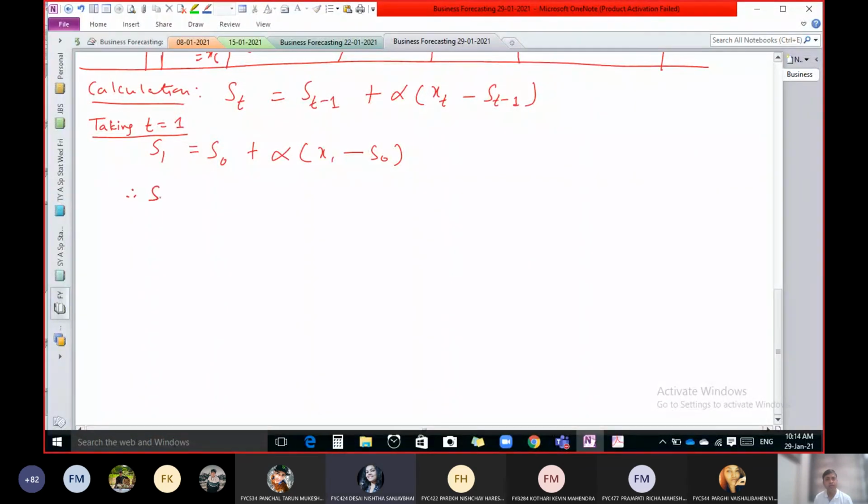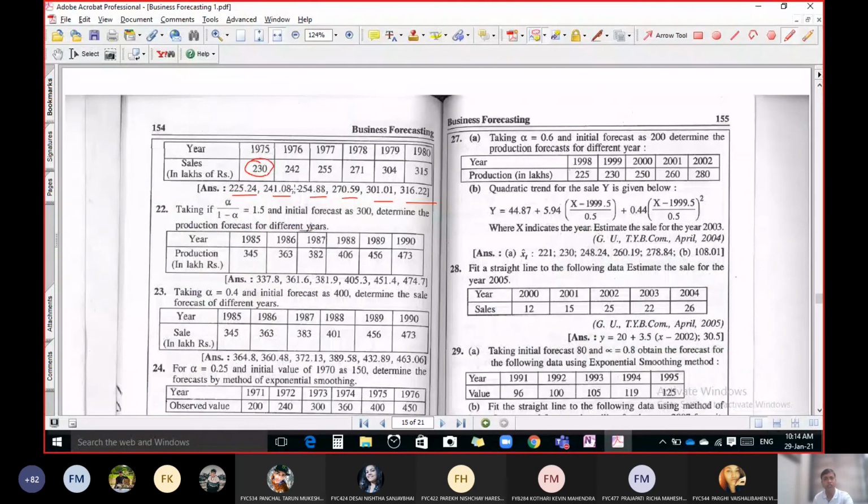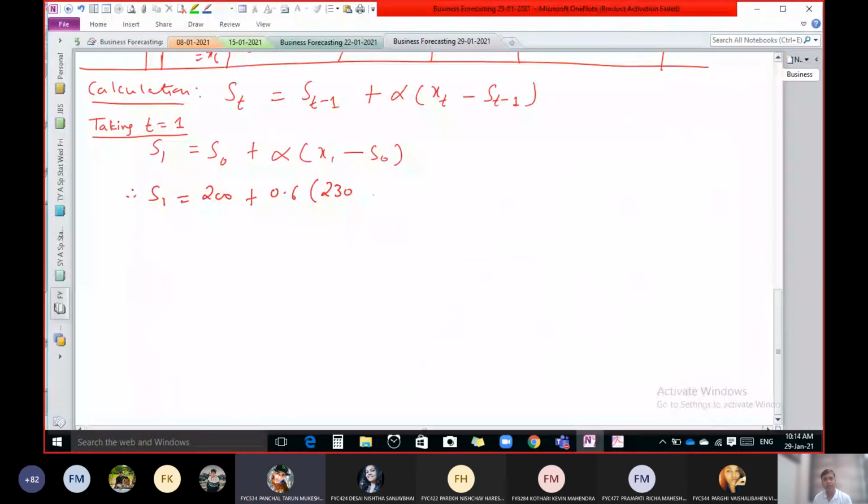S0 is 200, alpha is 0.6, x1 is 230, the first given value in the question, minus 200. Okay, let us do this calculation. So S1 is 218.